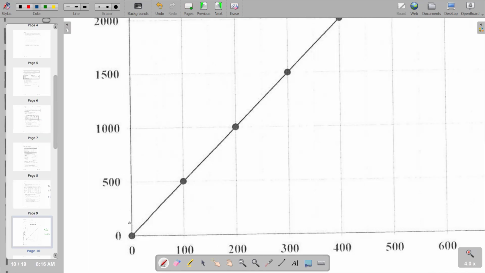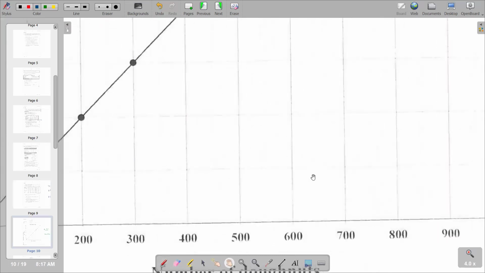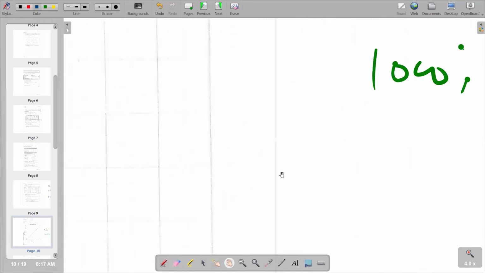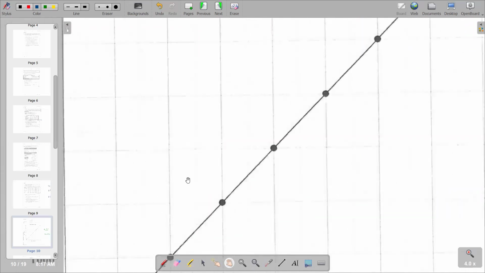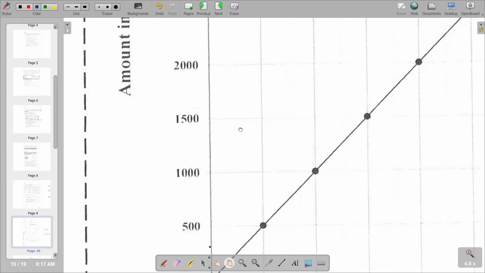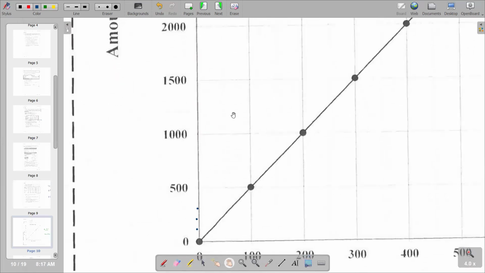We are going to have our 100 here, 200 somewhere here, and then we've got 300. We have identified it as 300 and 340, which is going to lead us to a point which is here.